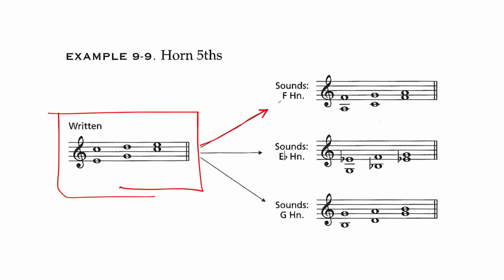In F horn, it will sound a perfect fifth lower. In E flat horn, it will sound a major sixth lower.